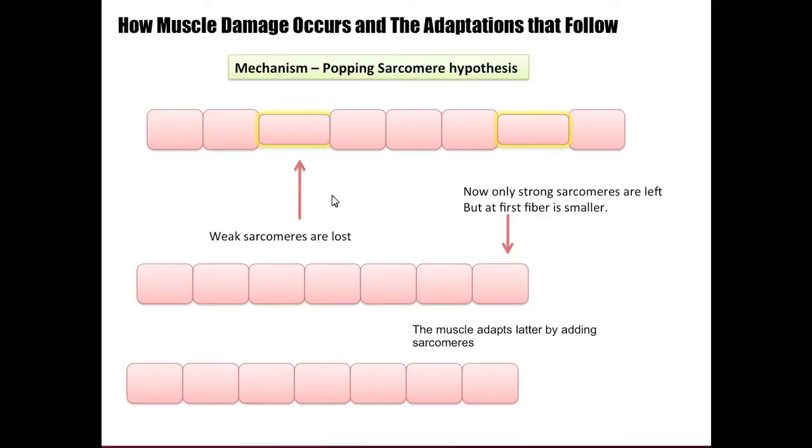One of the things we think is related to what's called a popping sarcomere hypothesis. So what happens is that if you're lifting, remember you have sarcomeres, and these are in series, and this is a myofibril. The weak sarcomeres, when you do an eccentric contraction, are stretched more than the strong sarcomeres. They're stretched to the point where they pop.